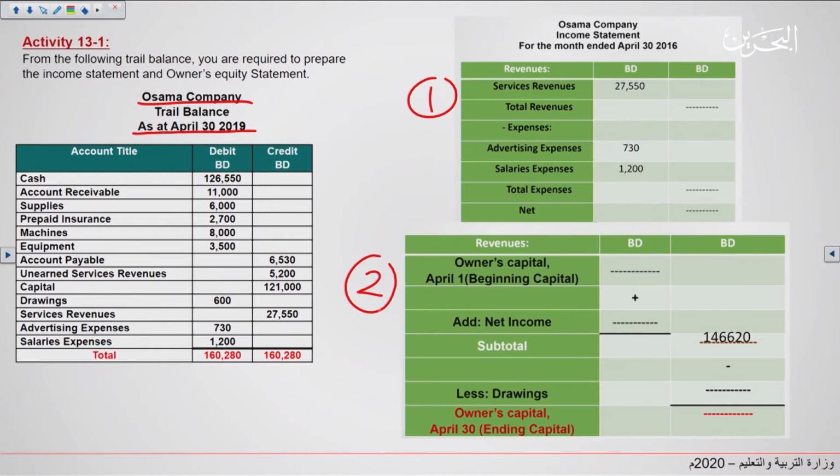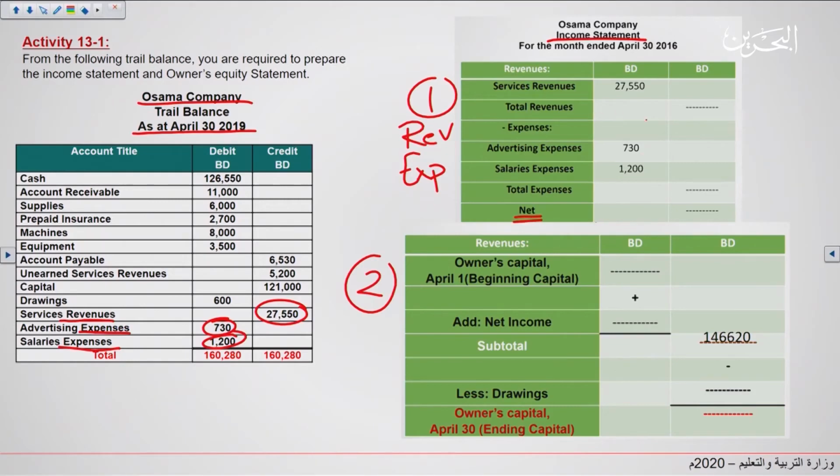We have to select the revenue and the expenses in order to prepare the income statement. We will go back to the trial balance here, and we will search for the revenues and the expenses, and then we will take these amounts and put them in the income statement in order to get the final amount here.